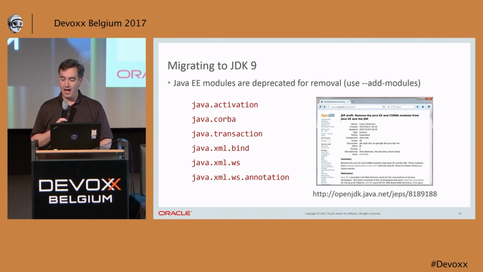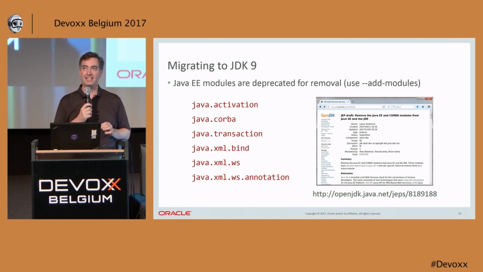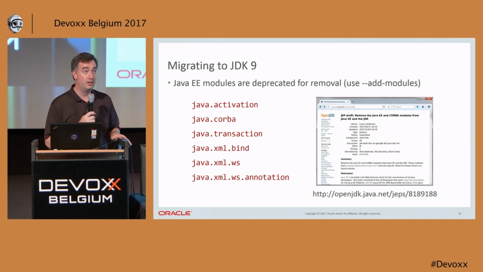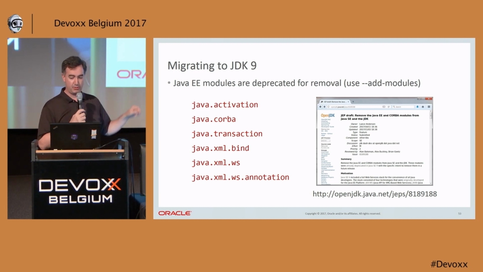Now, these modules are deprecated in JDK 9 and will be removed in a future release. To prepare for removal, these 6 modules are disabled by default in JDK 9.